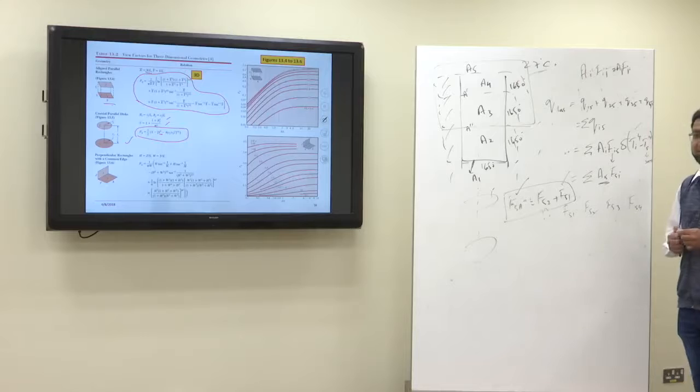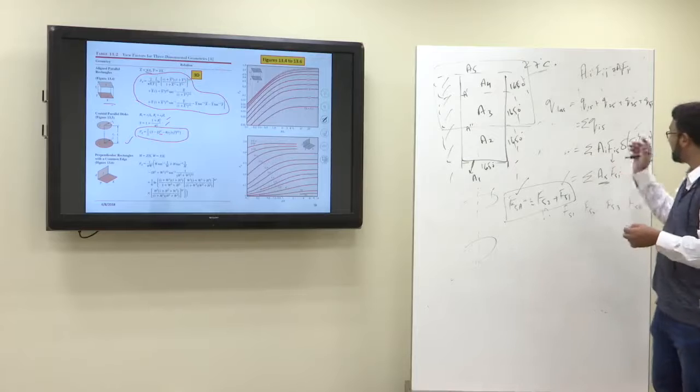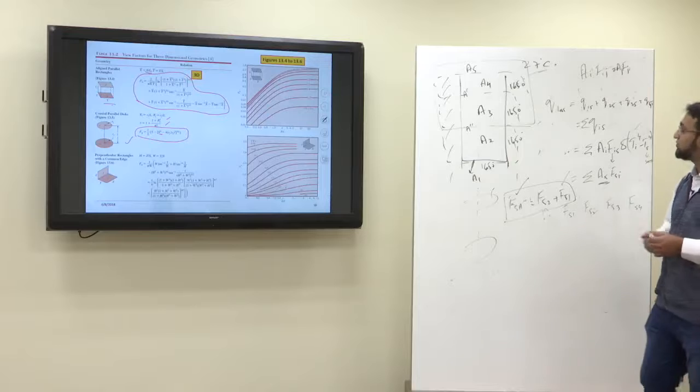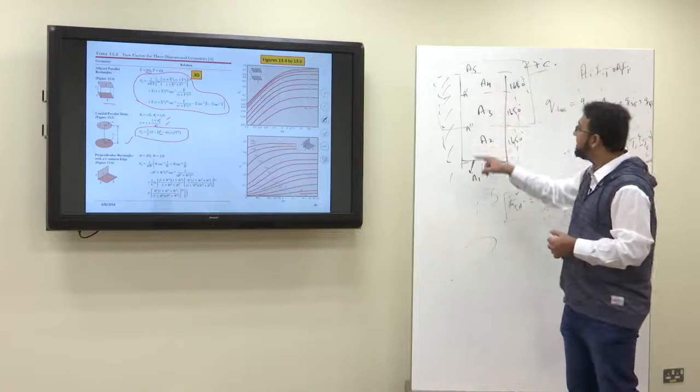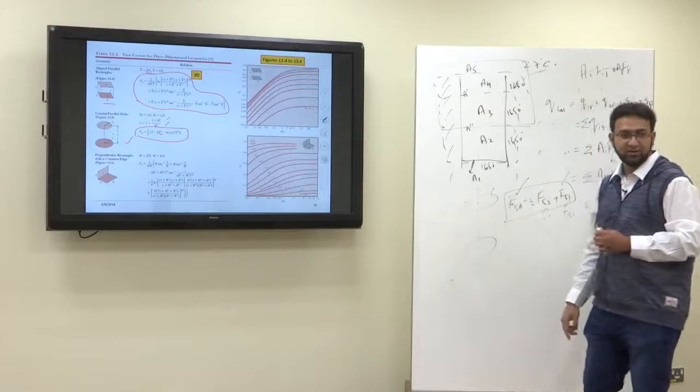Yes. Now in the same way, let's move towards the next step. So we know what is F5-1, we know what is F5-2. Now we need to know what is F5-3. If you want to know F5-3, now we imagine this as our imaginary surface, A double dash.